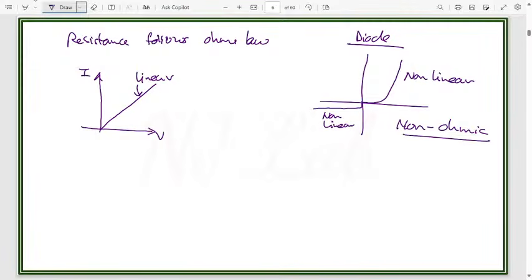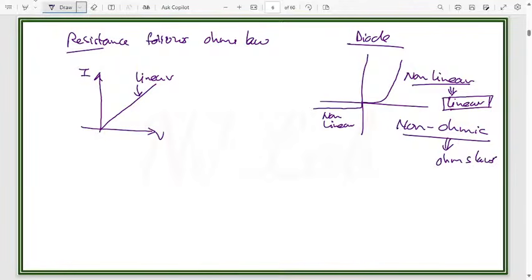Right? But as we have seen in circuits having resistance, when we follow Ohm's law, circuit analysis becomes simple. So we would like to convert this non-linearity into a linear circuit somehow. If we are able to achieve this linearity, then we can apply Ohm's law even to this non-ohmic material.